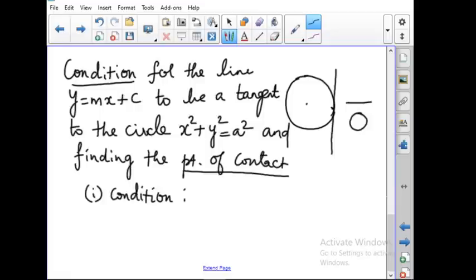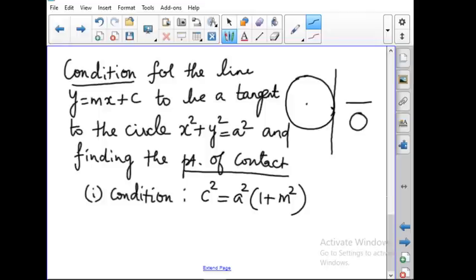What is the condition? It is c square is equal to a square into 1 plus m square. This is the condition for the line to be a tangent to the circle. c can be taken from the line, a can be taken from the circle, and m also can be taken from y equals mx plus c, that is the line.